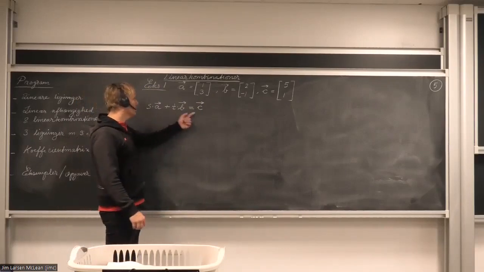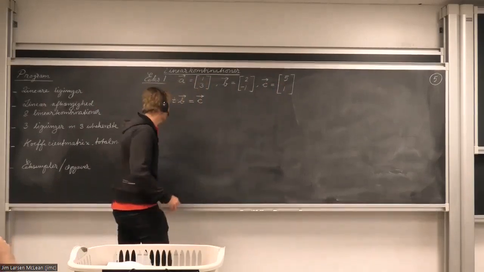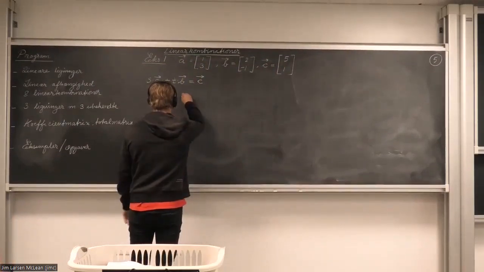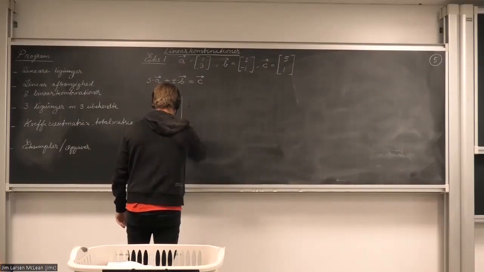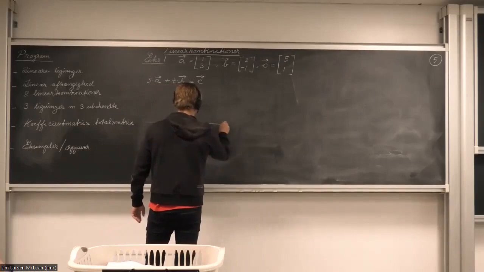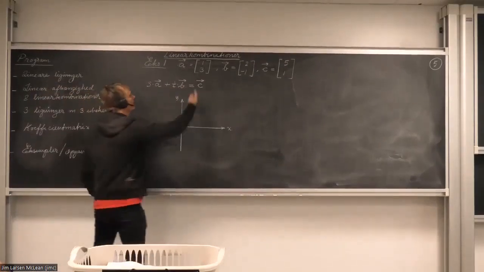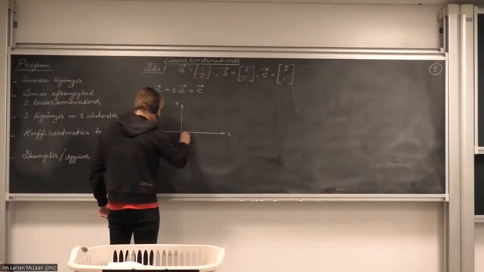And what I have written here can be drawn because I know the vectors, so let me try to draw it. So here comes the drawing. Okay, I'll start by drawing vector A. It goes 1 out and 3 up.